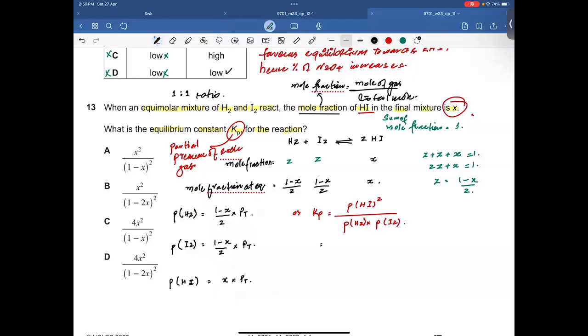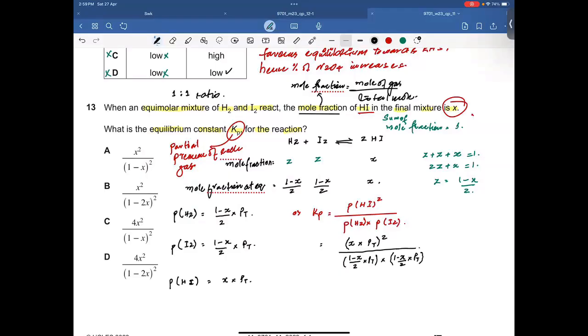Partial pressure of HI is x times PT power square over 1 upon x, 1 minus x upon 2 into PT times 1 minus x upon 2 into PT.